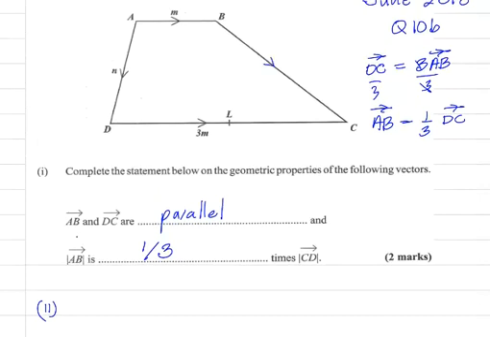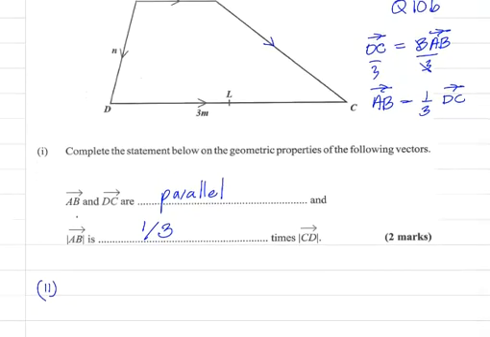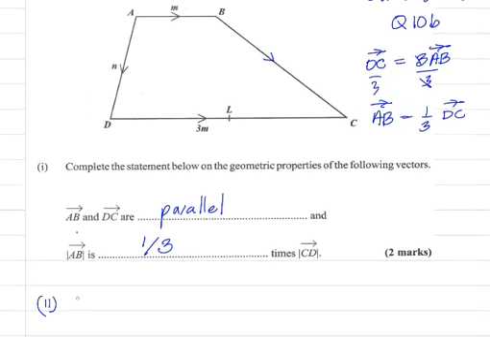Using the polygon law of vectors, I can say that the vector BC is equal to the vector BA plus the vector AD plus DC.